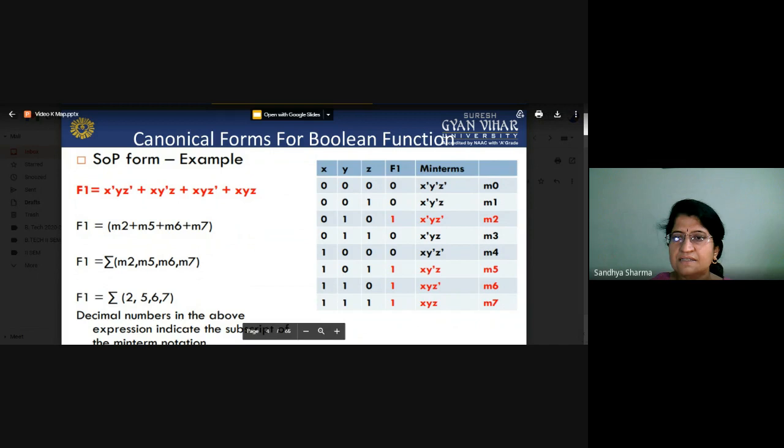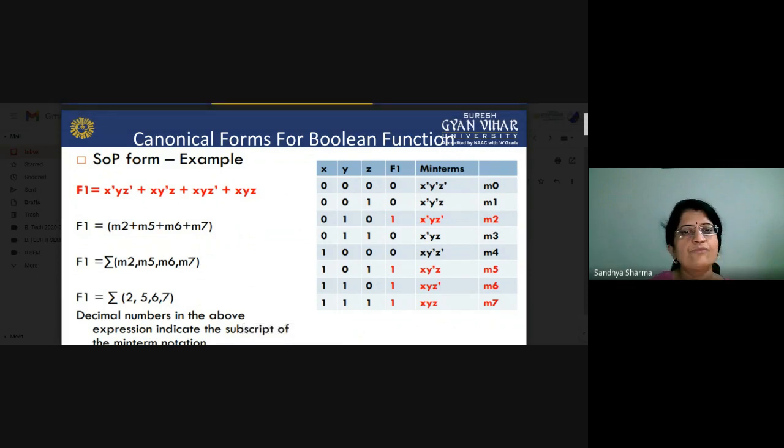These are the different notations. If you are given the functions and equations, they can be converted into different combinations. Since there are 8 combinations, we denote them as m0 to m7. The terms for which the product of xyz equals 1 are m2, m5, m6 and m7.